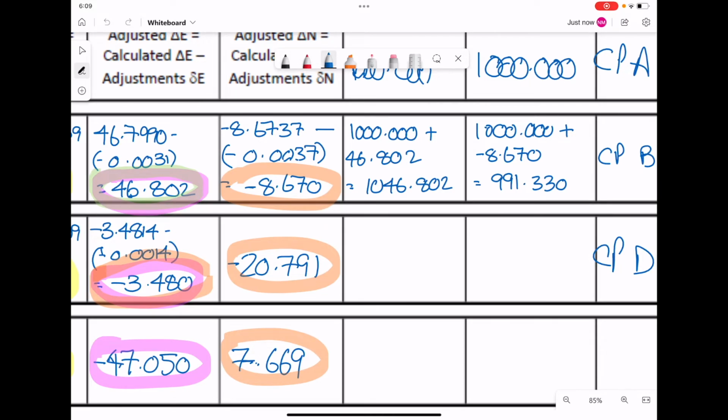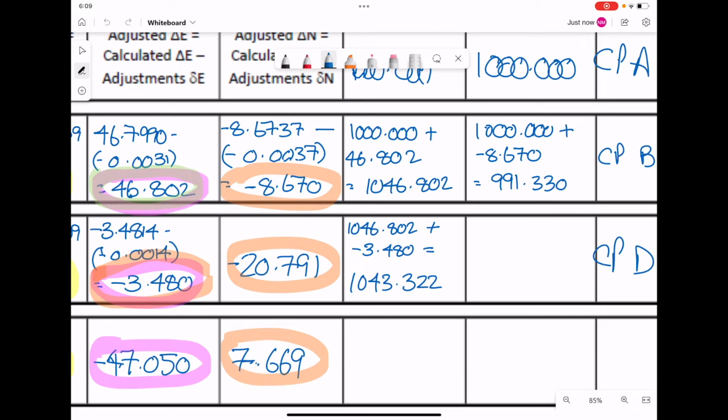So in this case, it'll be 1046.802, and we will add on a minus 3.480, and that would give us an easting value of 1043.322.